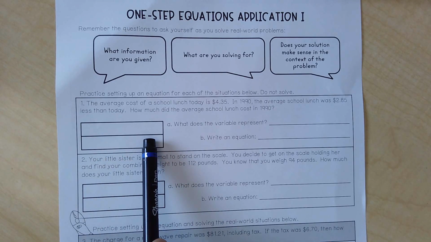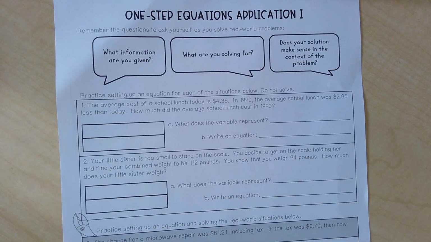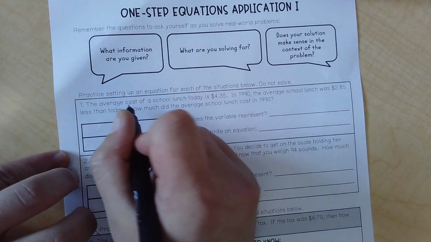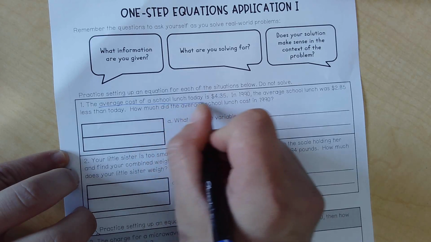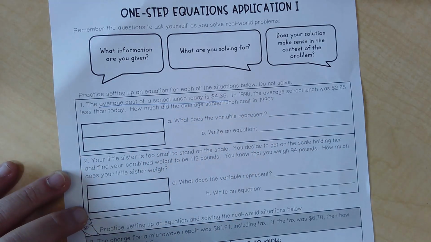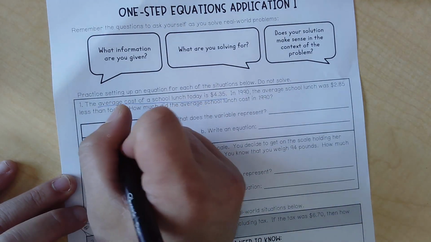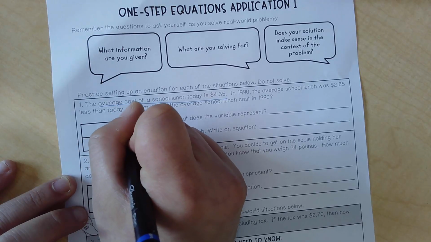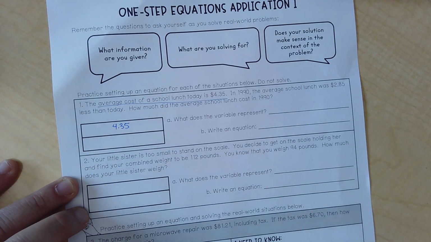Okay, so let's look at what we got. It says the average cost of school lunch today is $4.35. So that's how much each lunch costs on average today, that's the total.